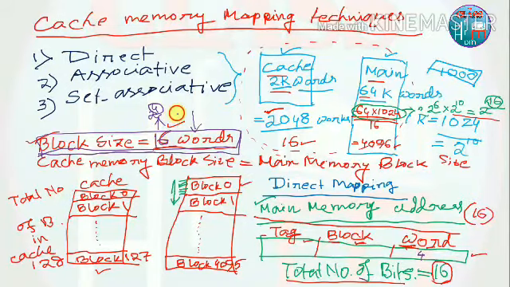That means your main memory and cache memory will be divided into different blocks, and the block size is 32 words. Then what will be the value of the word field? 32 means 2 to the power 5. That means you require 5 bits. So then the word size will be 5. Clear? This way you can calculate.